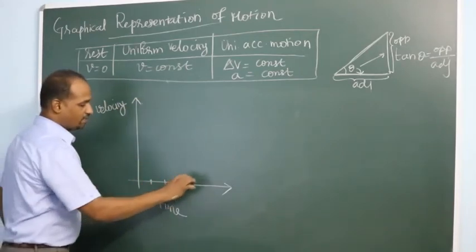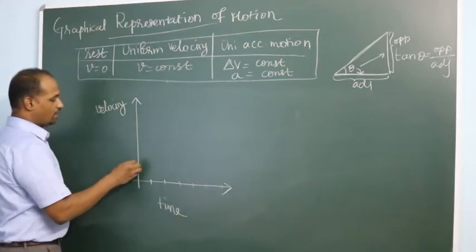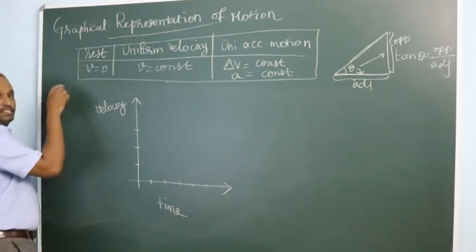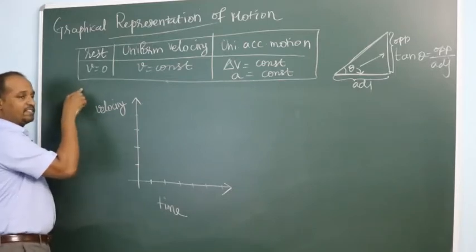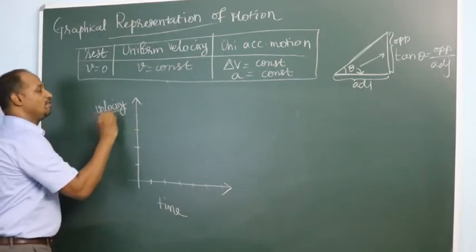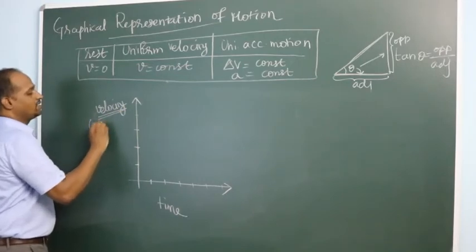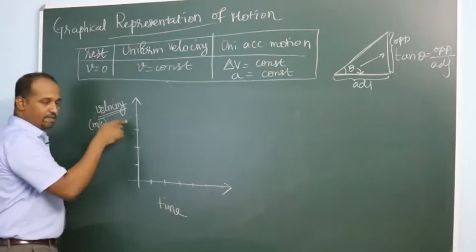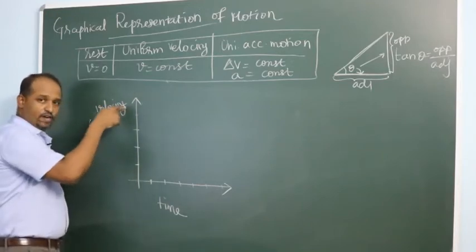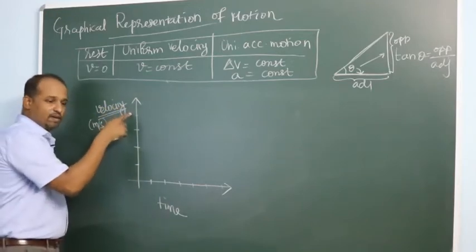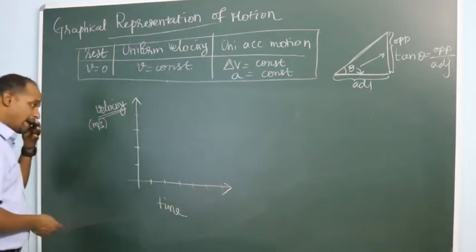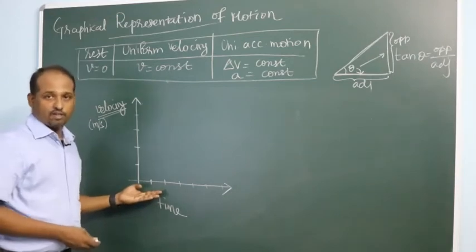The time is in seconds and the velocity will be in meters per second, because velocity is displacement by time, displacement is meter, time is second, so the velocity is meter per second. In the SI system, the readings will be in meters per second, otherwise it can be in kilometers per hour, or in miles per hour. Here time can be in seconds, or in hours, or in minutes also.